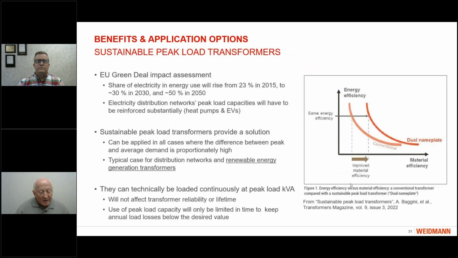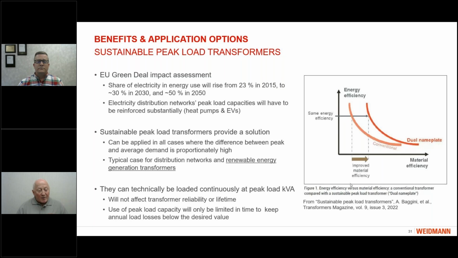In the EU Green Deal initiative, there is an expectation of a significant increase in the peak load of transformers in the coming 10, 20, 30 years because of the electrification of industry, transport, and households.